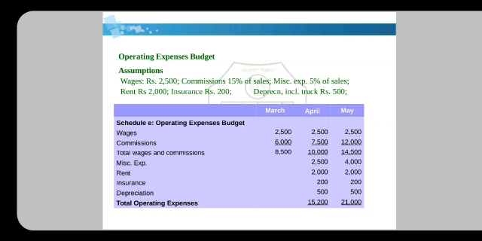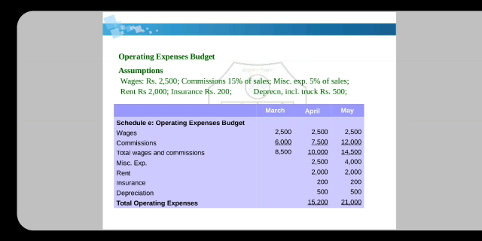Now total wages and commission. So total wages and commission will be wages plus commission, that is 2,500 plus 6,000, so that is 8,500 for March. 2,500 plus 7,500 equals 10,000 for April, and 2,500 plus 12,000 equals 14,500 for May.